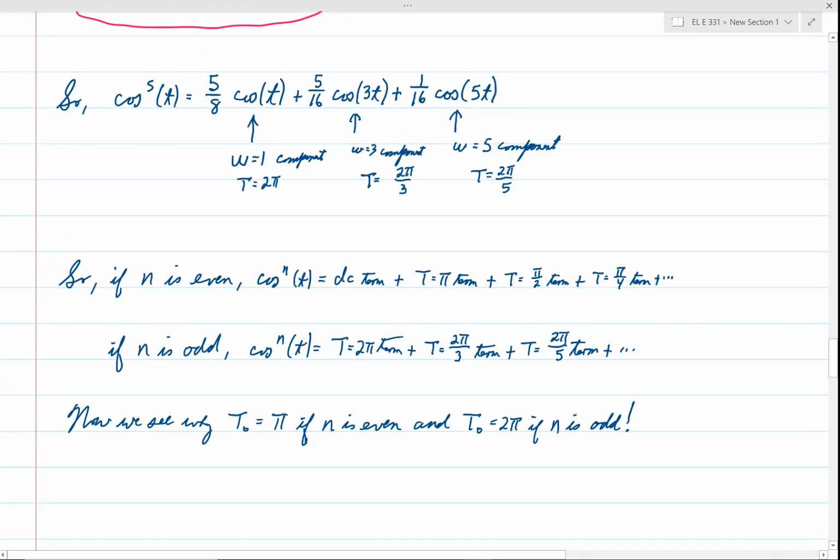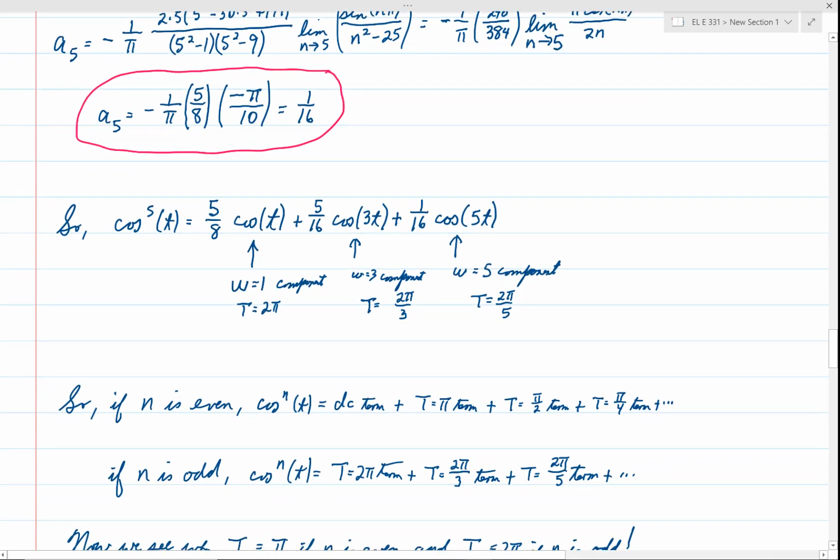And so that's just a really nice demonstration of how, as I said before, the Fourier series helps you to see the different frequency components in your signal. And that is really valuable.